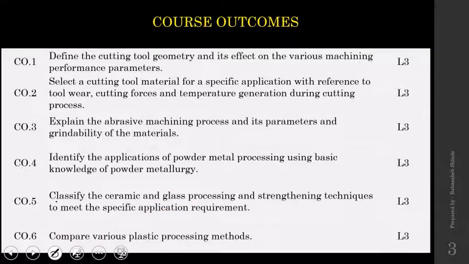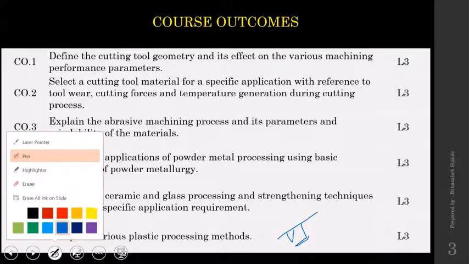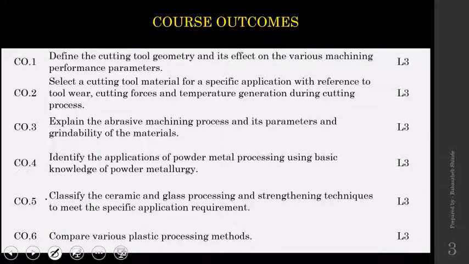And the last one is going to deal with unit number 6, that is processing of plastics. Plastics, or we can call it in scientific terms a polymer. So compare various plastic processing methods. In that unit number 6, there are various methods that we are going to discuss for specific applications, like when you want to manufacture a tube, a plate or disc, or a fiber, then what are the available processes?